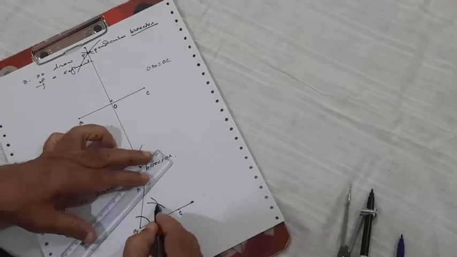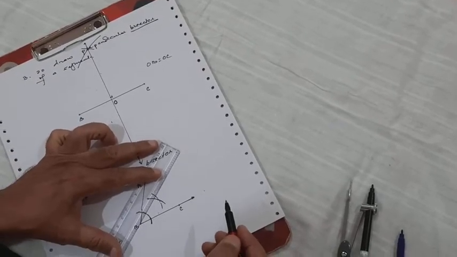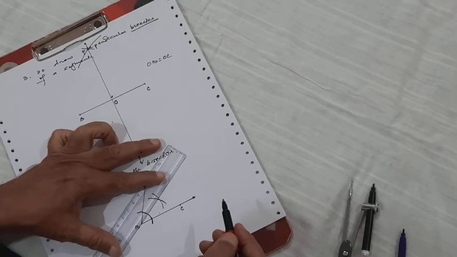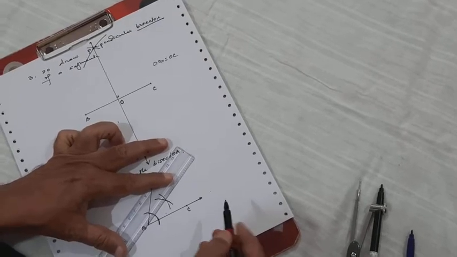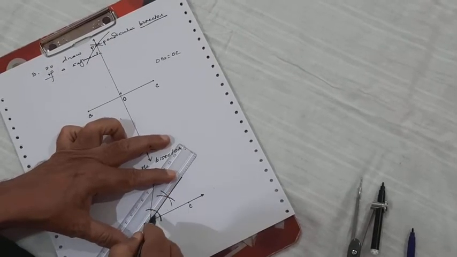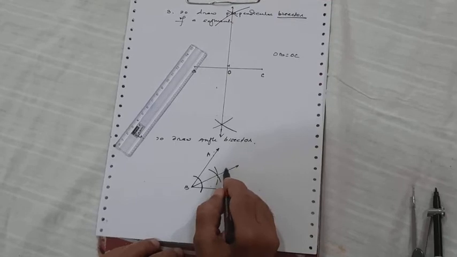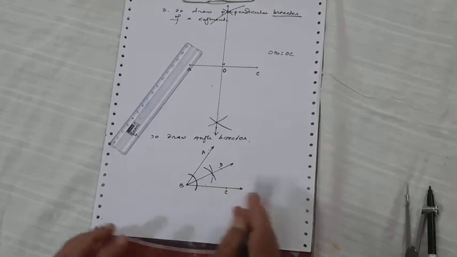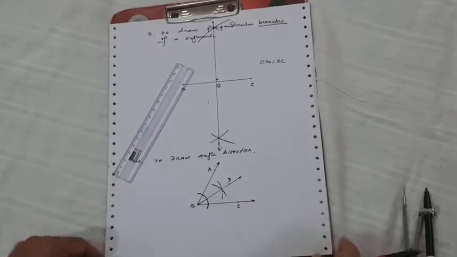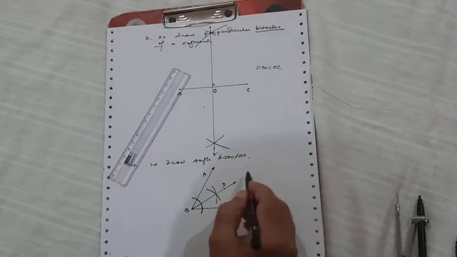Now you got the point. This point should be joined with B. You will see that the angle is bisected. This point you can name here D. These 2 parts of the angle are equal. Therefore, it is called angle bisector.